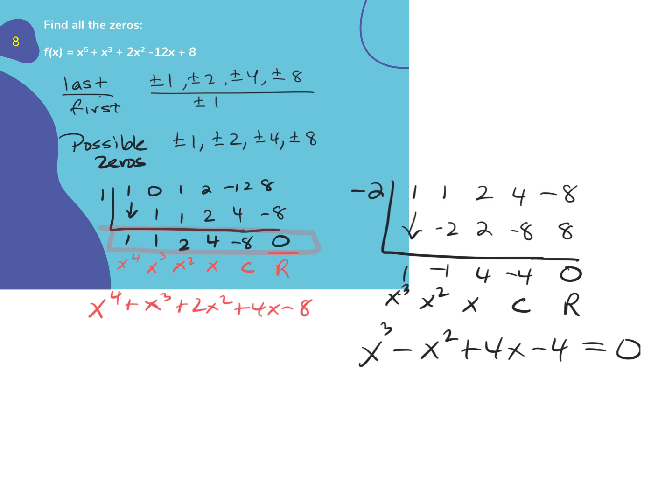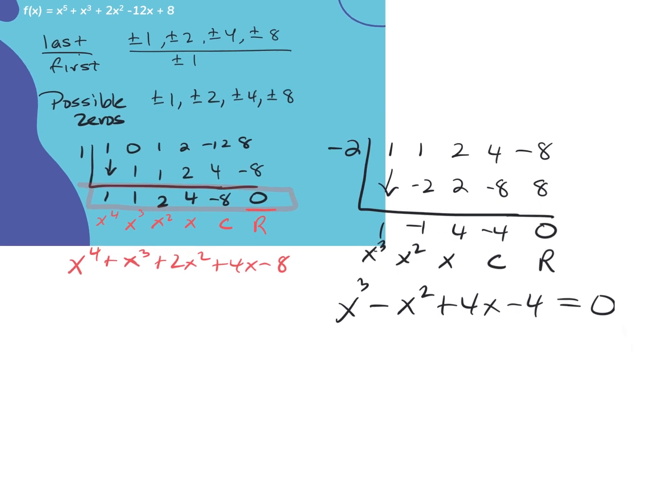Now, at this point, go ahead and check to see, can this 4-term polynomial be factored? Yes, it can. I can factor by grouping. If it couldn't, then you'd have to do synthetic again to drop it down to a quadratic. My GCF of the red group is x squared. My GCF of the blue group is going to be +4.